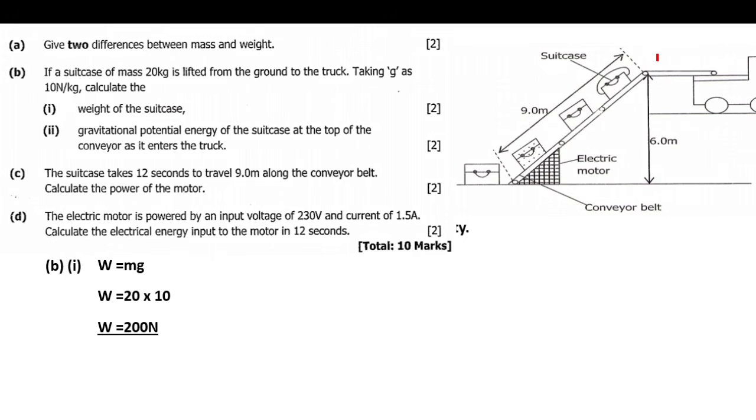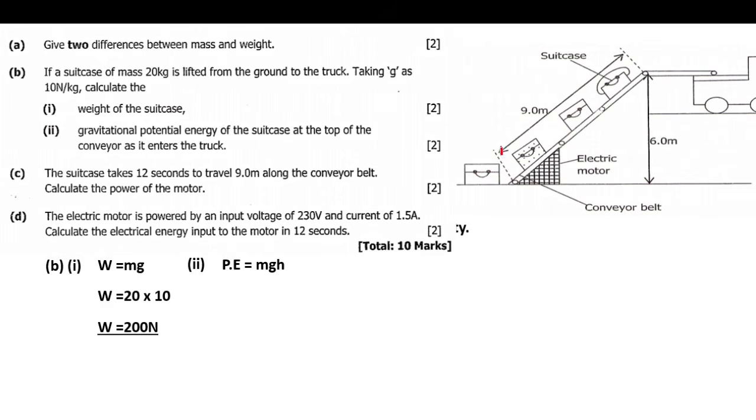So before we do the calculation, first we need to know the formula for potential energy, which says potential energy is equal to mass times acceleration due to gravity times height. So here, when calculating potential energy, we don't consider the distance, the actual path taken by the suitcase.